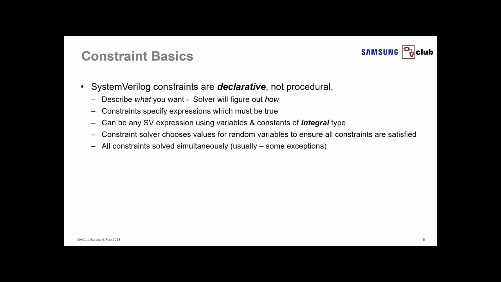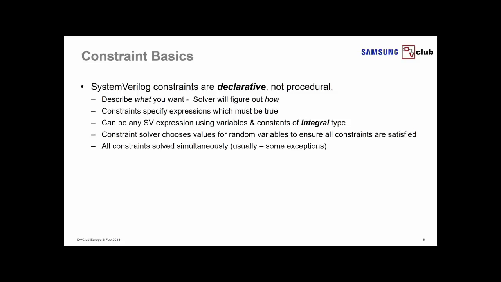So we'll start off with a review of some of the newer or perhaps lesser known constraint techniques that are available. But before doing that, let's do a quick review of constraints in general. Number one, SystemVerilog constraints are declarative. They're not procedural. What you do is you describe to the constraint solver the type of result you want, and the solver figures out how to implement that by choosing random variables appropriately.